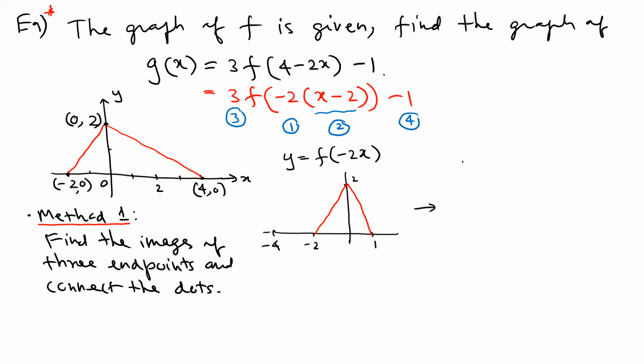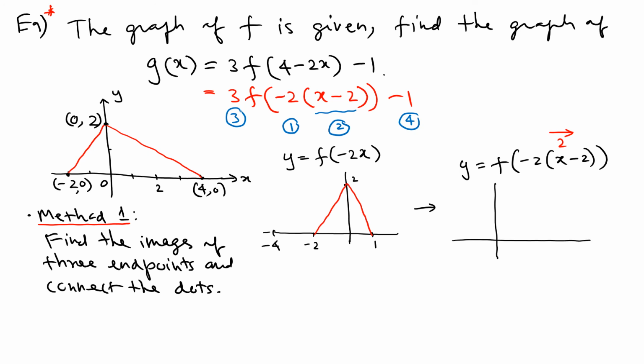Horizontal shift. So we have y equals f of negative 2x minus 2. What that does is move the graph 2 units to the right. So let's do that. Once you do that, you're going to get this graph.